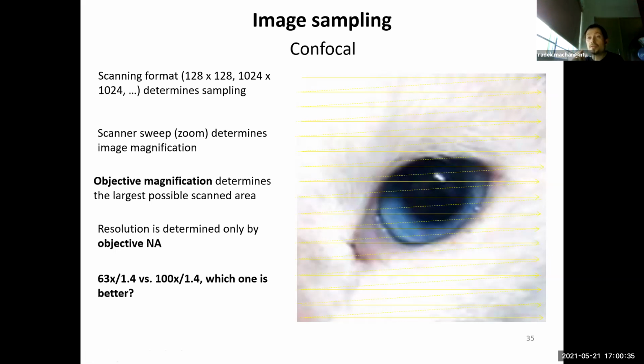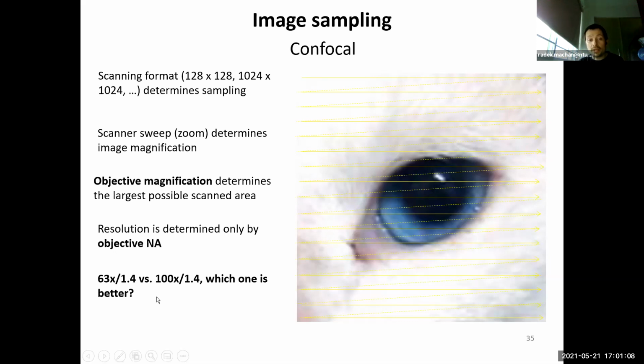because the objectives work the best for rays which propagate along the optical axis. If I increase the angle of the ray, the larger the angle, the worse any residual optical aberration becomes. So the 63 times, if I want to scan the same area, can do it with the ray going under a smaller angle.